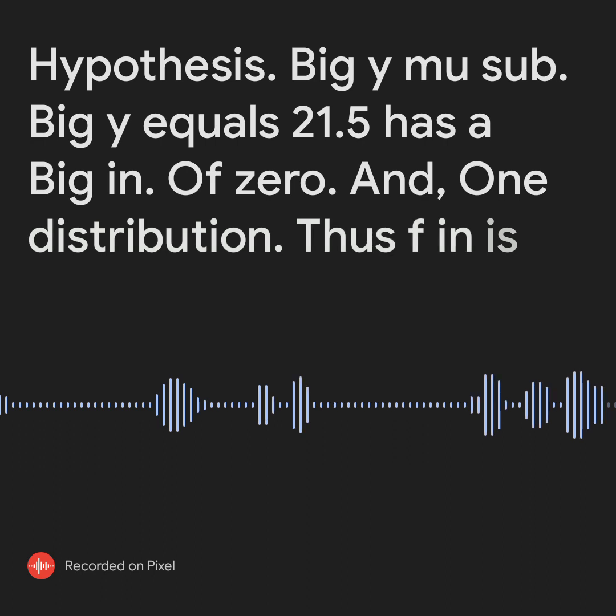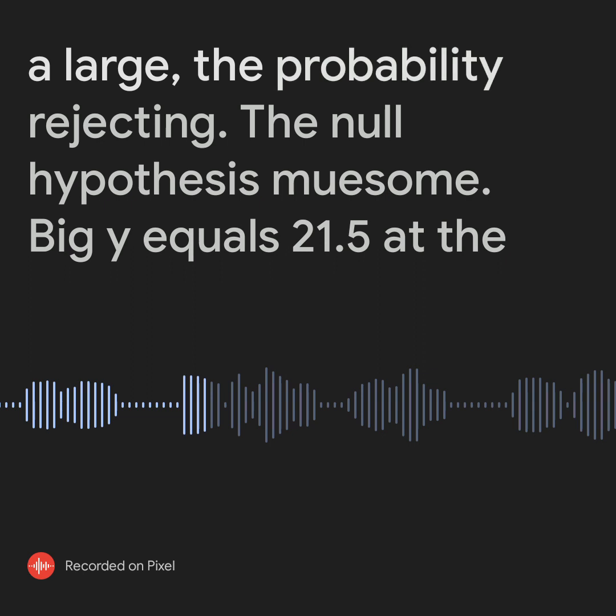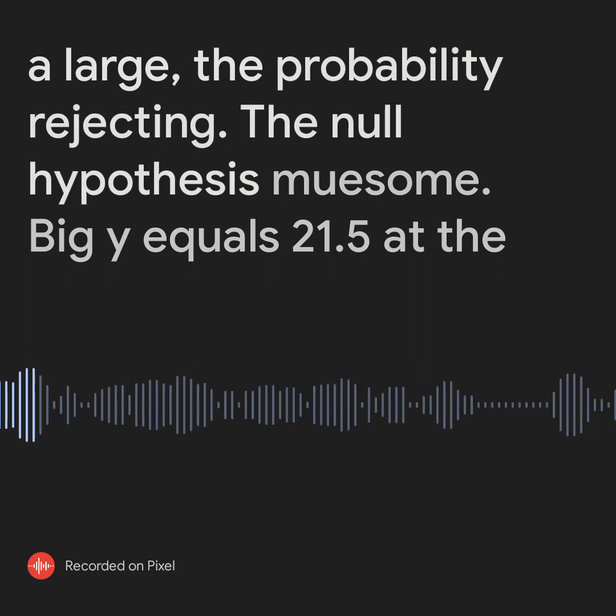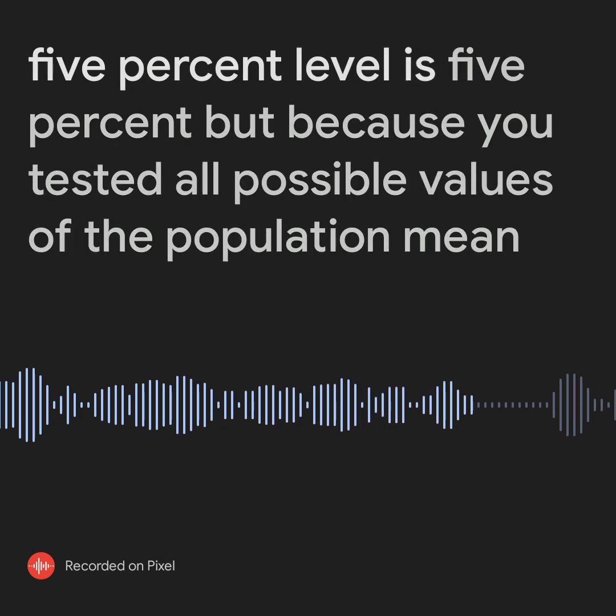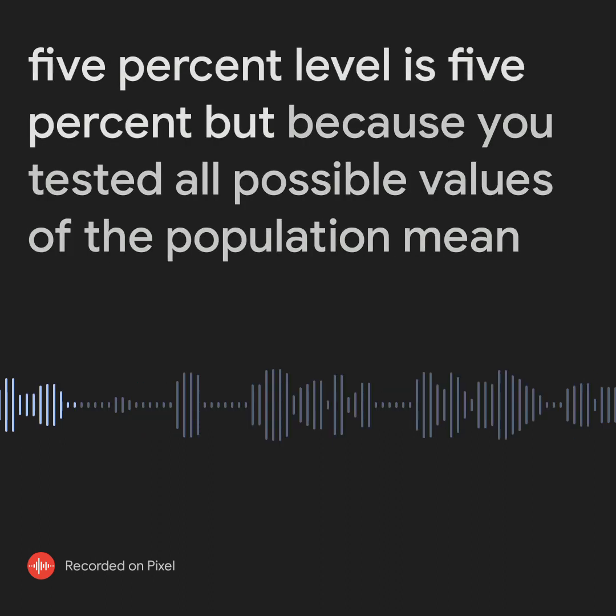Thus, if n is large, the probability of rejecting the null hypothesis μ_Y = 21.5 at the 5% level is 5%.